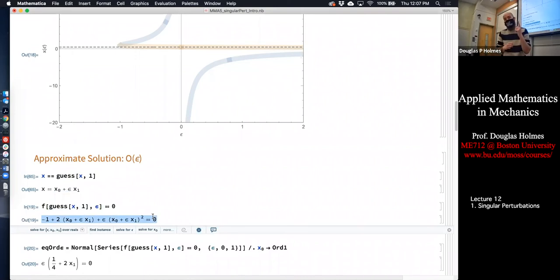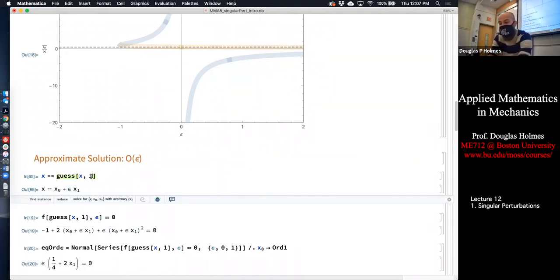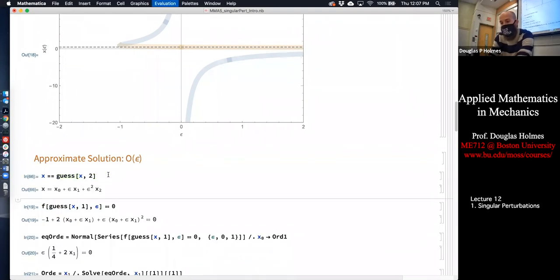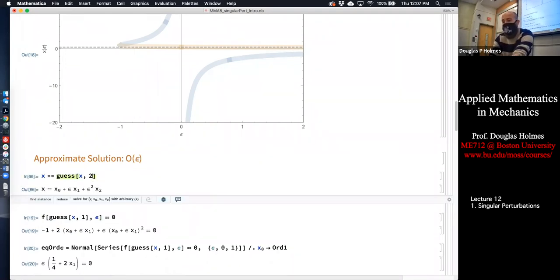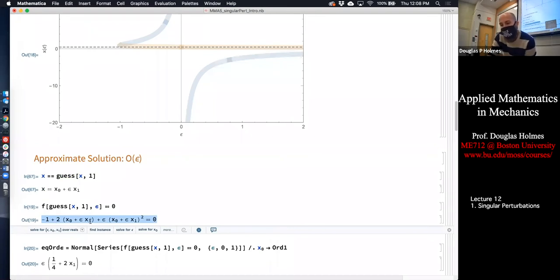We've used one series expansion to represent our guess, and it leads to the appearance of this epsilon term. If we took this to higher order, it would have an epsilon squared term. We're inserting this solution for x into our equation, and now you see that in the new equation we want to solve, the second term contains an order epsilon term. Let's take it and expand it.